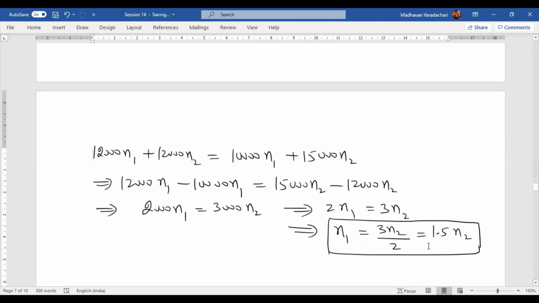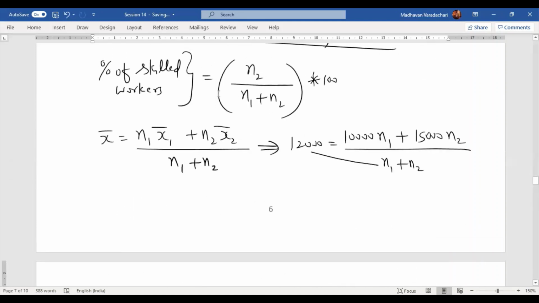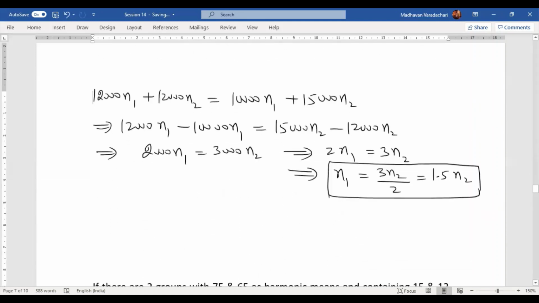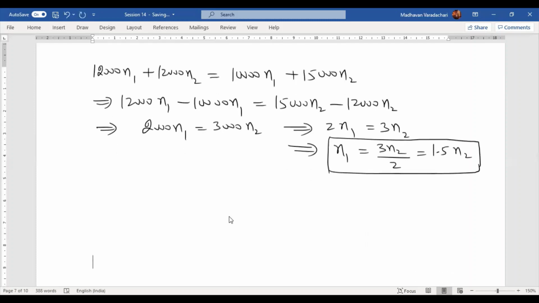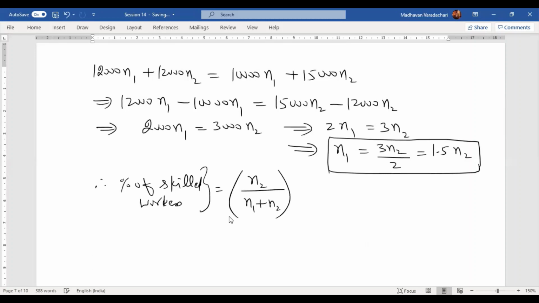What is our interest? Our interest is to find out the percentage of skilled workers. Therefore, percentage of skilled workers is equal to n2 divided by (n1 plus n2) multiplied by 100.